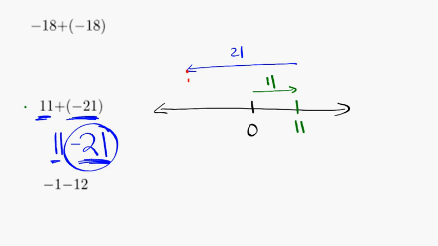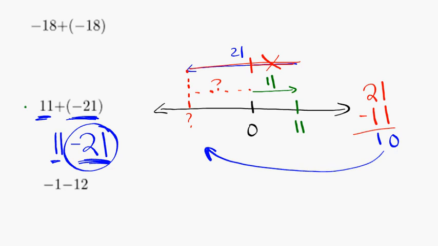So we have to figure out where we are going to end up. So this total distance, 21, subtracted by this distance of 11, tells you what this remaining distance is going to be. 21 minus 11. 1 minus 1 is 0. 2 minus 1 is 1. We get 10, but it's not 10. It is negative 10.